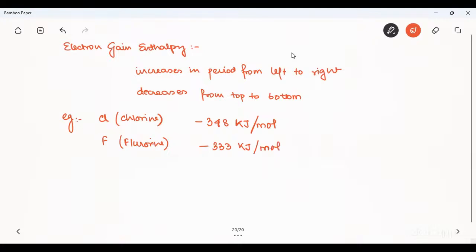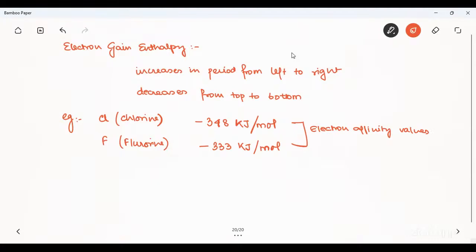These values are electron affinity values. It is because fluorine is smaller in size than chlorine, and there is a repulsion between the incoming electron and the electrons already present in fluorine due to stronger interelectronic repulsion.